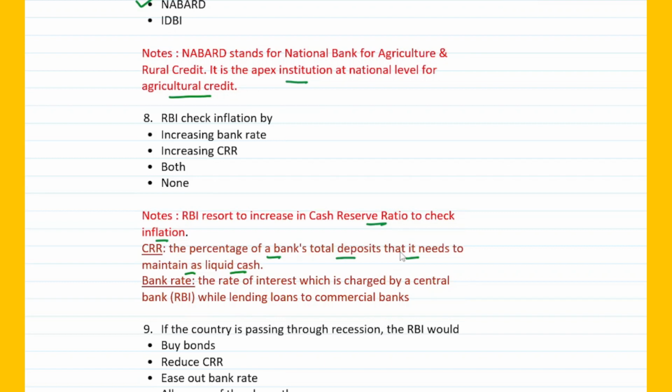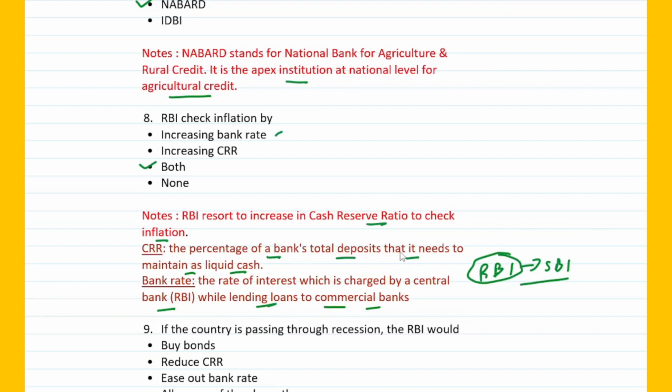Okay, the other term here is bank rate. What is bank rate? The rate of interest which is charged by a central bank while lending loans to the commercial banks. So basically when RBI is lending a loan to, say, SBI, the rate that the RBI charges will be known as the bank rate, right? So our correct answer here should be both. RBI can check inflation by increasing the bank rate.